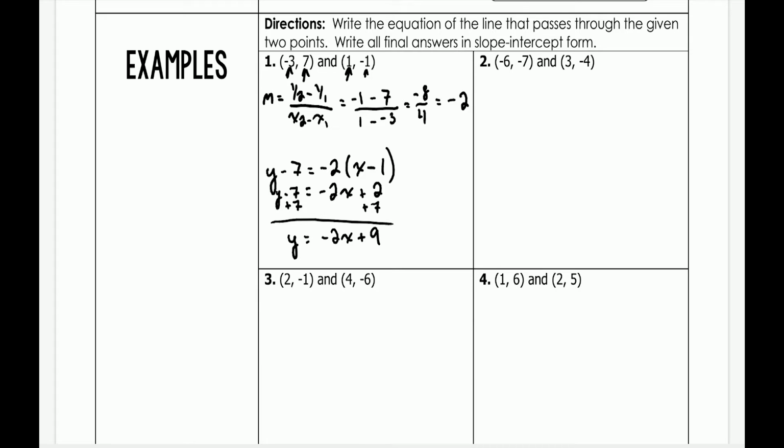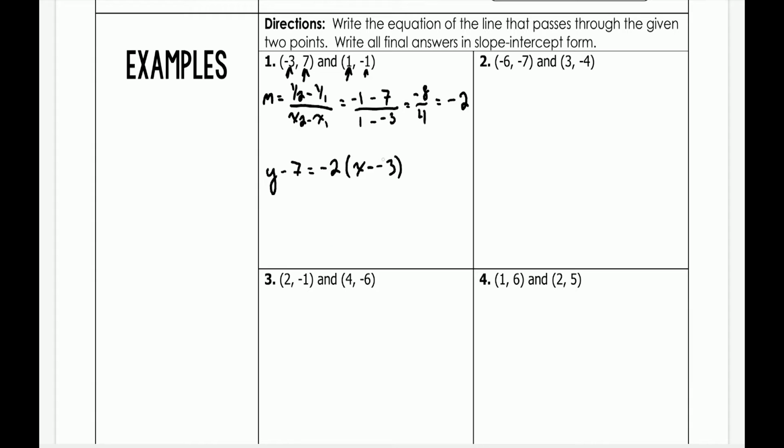Hold on. I used the wrong number here. Instead of 7, this needs to be -3. So let's try that again.